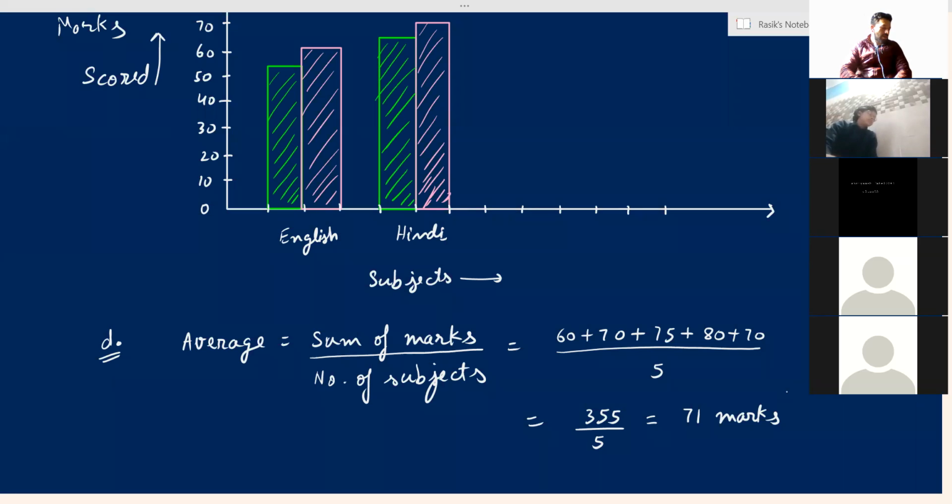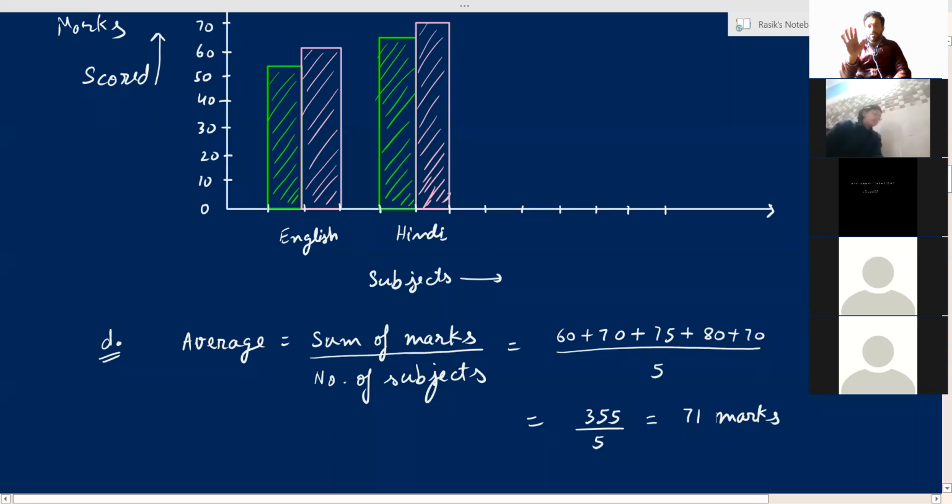So tell me how many students were absent on Friday? Look at the graph and tell me. Sir, 25. It is Tuesday. Sir, it's 20. Beta, Friday ko how many students?